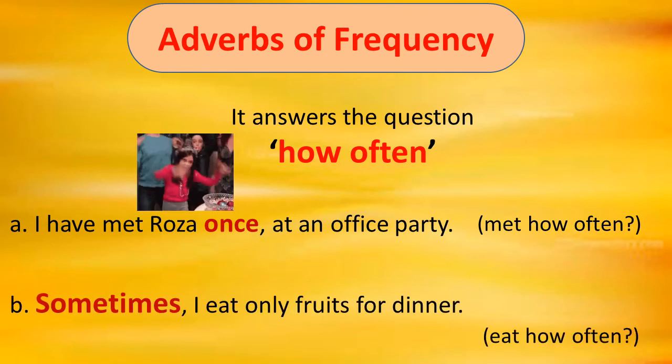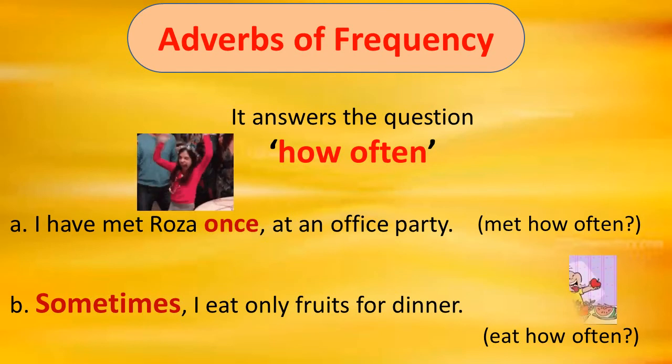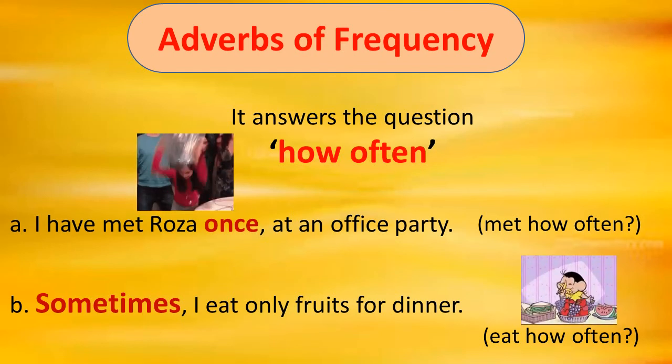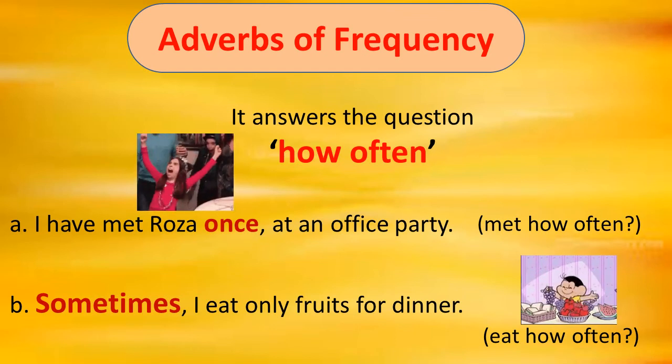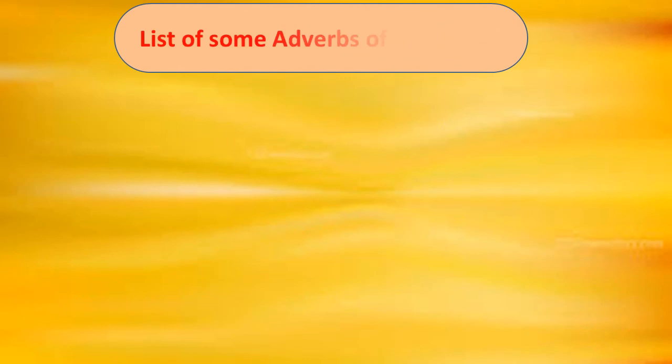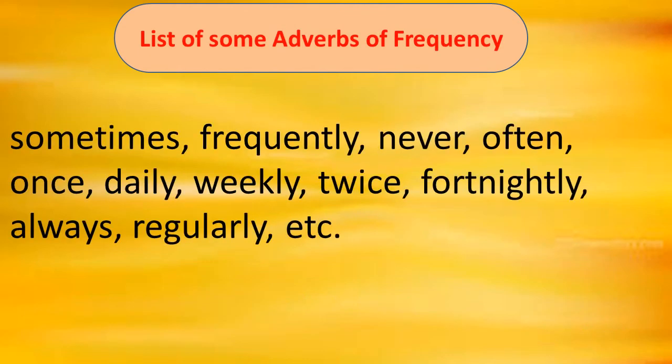Next example says, sometimes I eat only fruits for dinner. Eat how often? The answer is sometimes. Words like sometimes, frequently, never, often, once, daily, weekly, yearly, twice, fortnightly, always, regularly, etc. are few examples of adverbs of frequency.